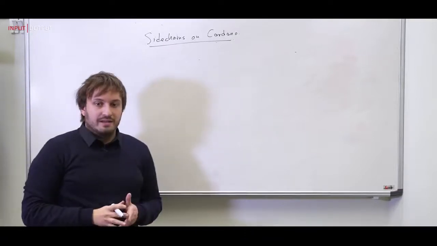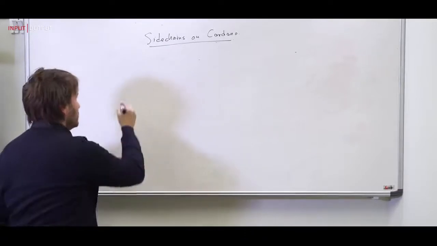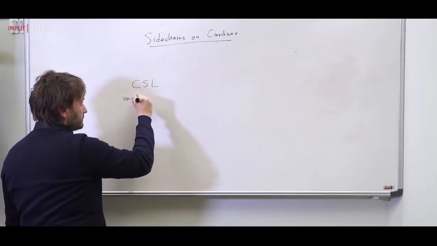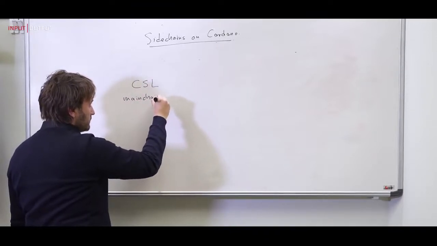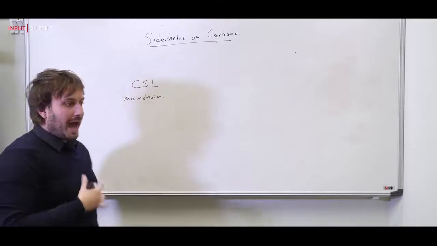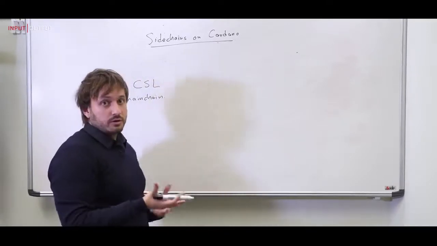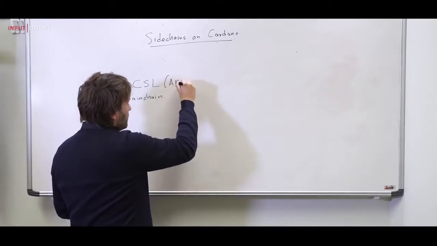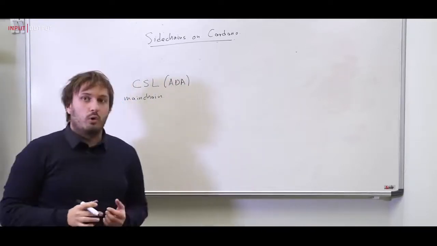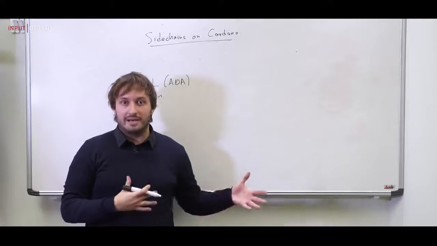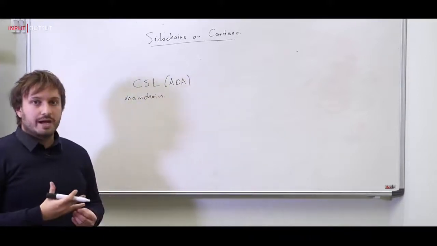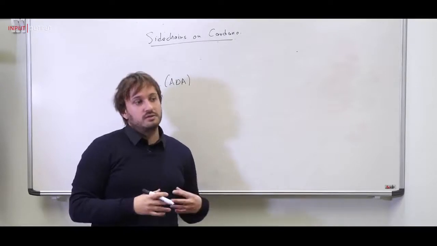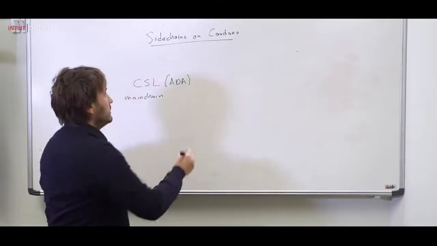Cardano already has one main chain, the Cardano settlement layer main chain. This is where ADA lives, the cryptocurrency of Cardano. This is what we call the home blockchain of ADA, the blockchain where ADA is created and where it's normally maintained.